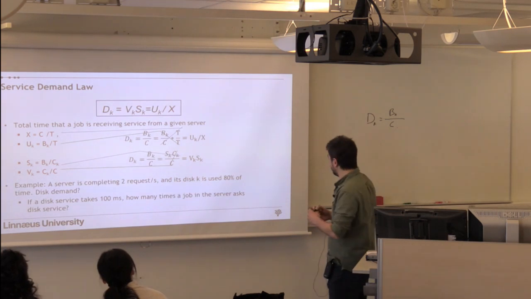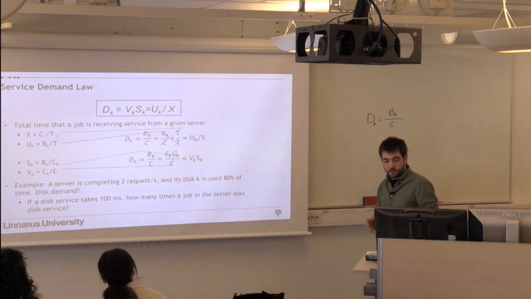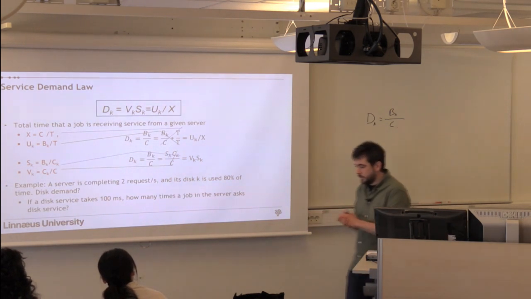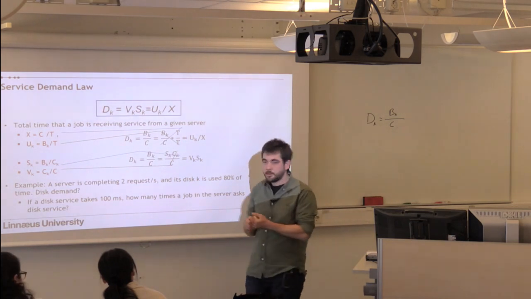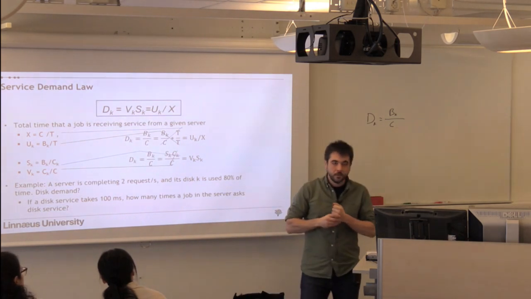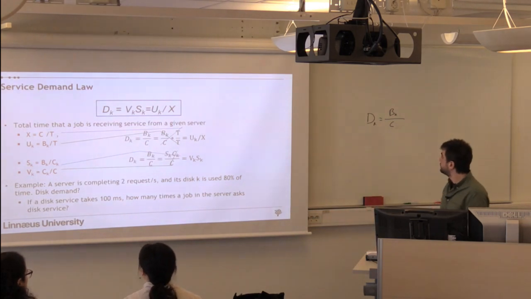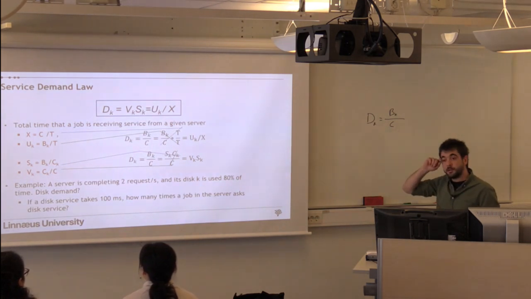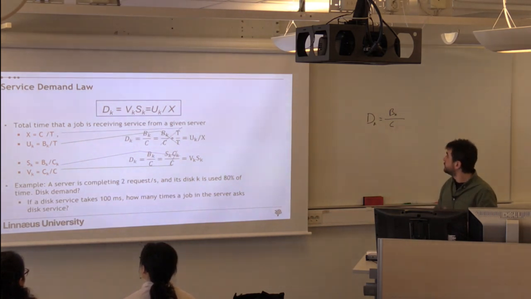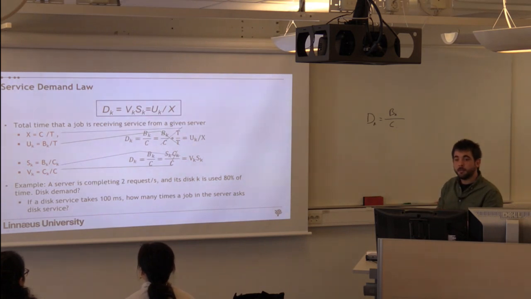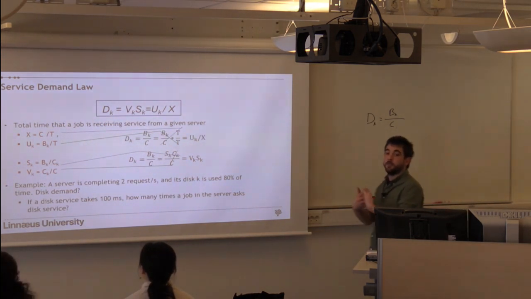So if we see that the system is producing a completion every second, and our resource was busy half of the time, 0.5 seconds, the demand will be 0.5.